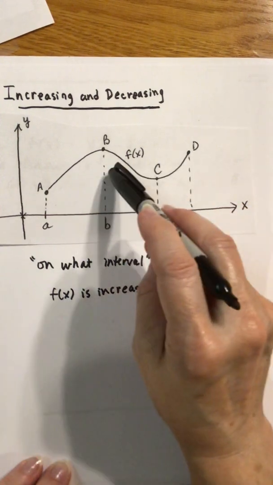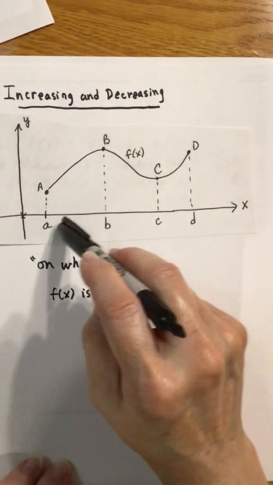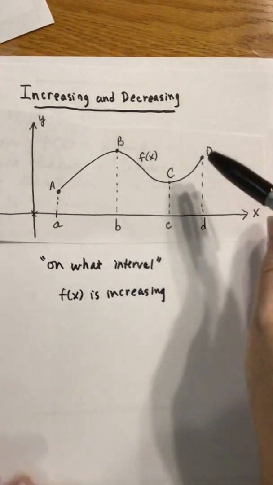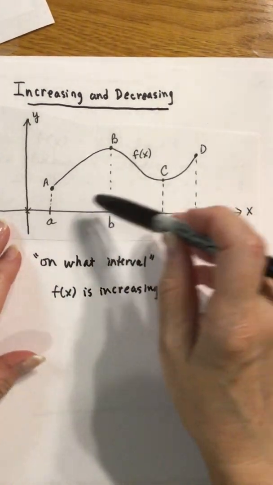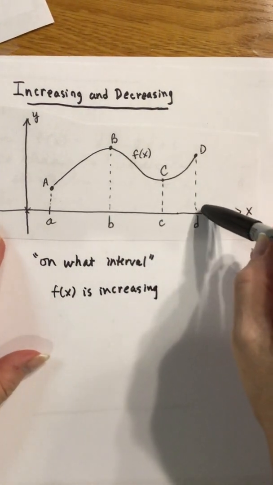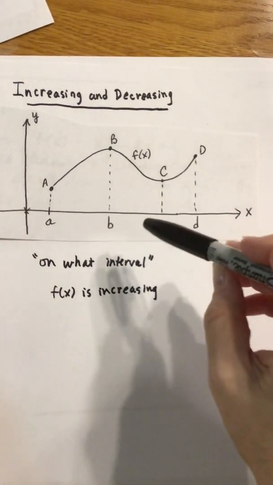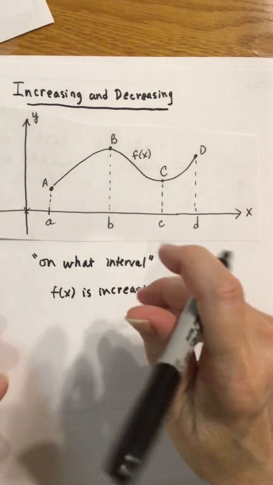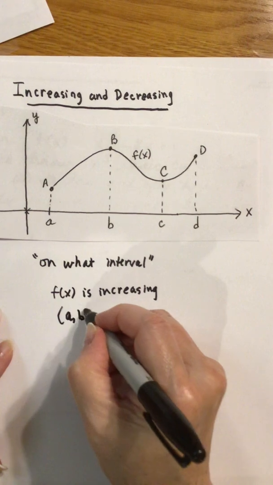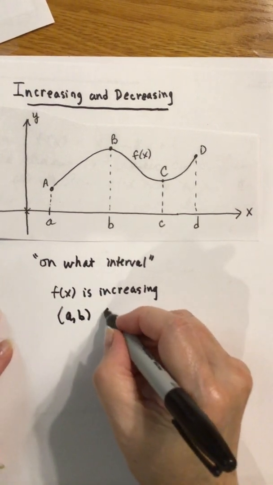But we don't use the y values, we use the interval that makes up that up and down motion. So between A and B, it's going to be going up, and between C and D, it's also going to be going up. So it's increasing on those two intervals, A to B and C to D.